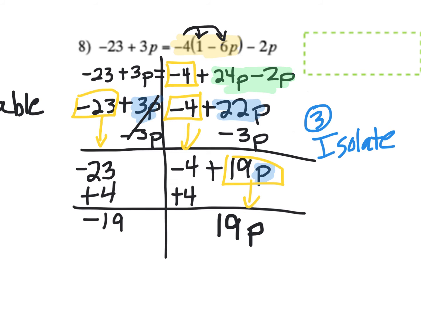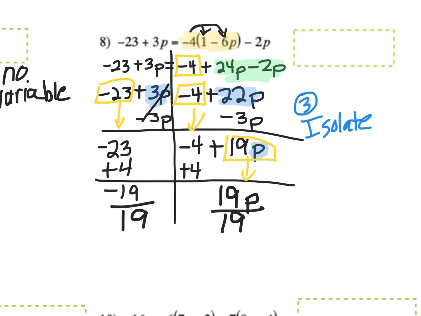And last but not least, to fully isolate the p, I need to cancel out that multiplication because the 19 sitting next to the p means multiply. The inverse of that is division. So that's going to leave me with -1 is equal to p. Just type -1 into that box. And take your time, pause. If you need to rewind this, go back and look at those steps. Believe me, I understand that.